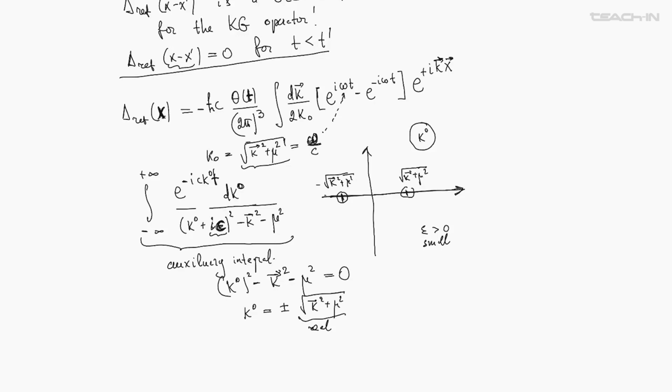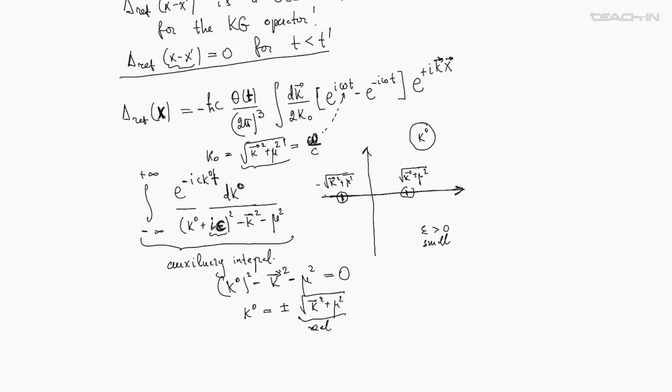And so exactly to overcome this problem and make sense of this integral, one adds this little i epsilon, and adding it shifts the poles into the lower half plane by this amount i epsilon.